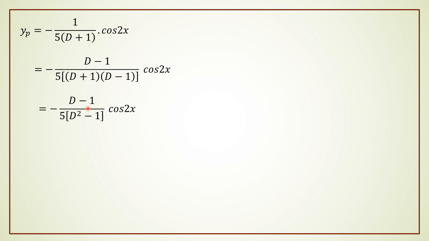So just observe the denominator. The denominator is of the form (a plus b) into (a minus b), right? So I can write it as D square minus 1 square. But remember that D square can be replaced by minus a square, isn't it? So just replace it. So what you have?